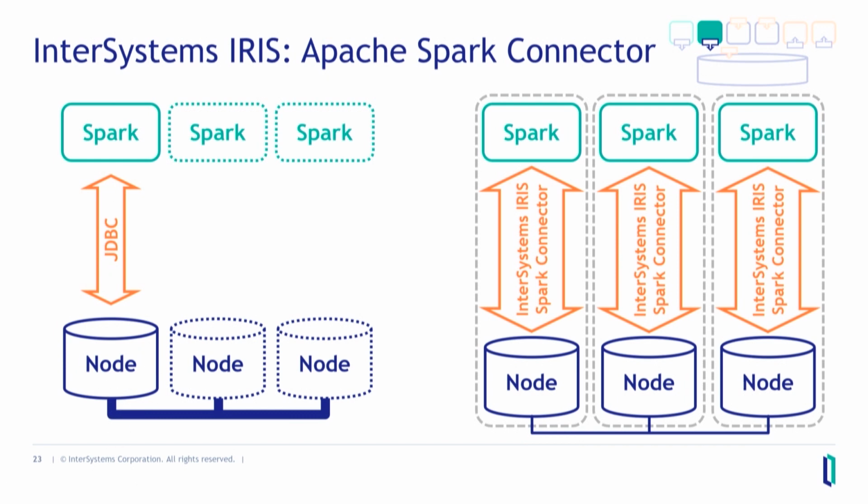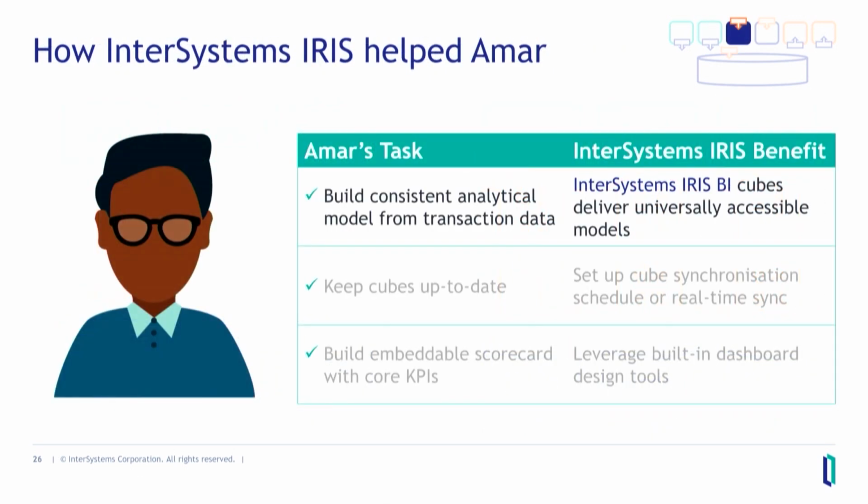Our Spark connector obviously knows what your IRIS architecture looks like and will be able to open parallel connections to each of those, and make sure that you utilize all of the processing power on the Spark side and all of the processing power on the IRIS side together. Again, more information about the Spark connector in tomorrow's session by Amer, titled From Spark to Finish.